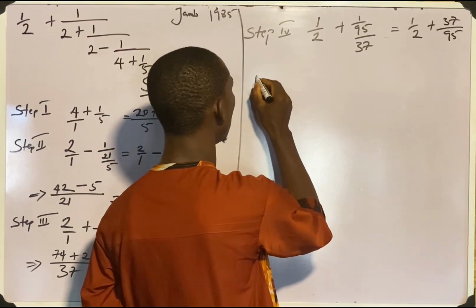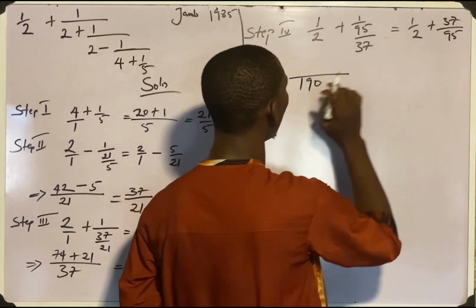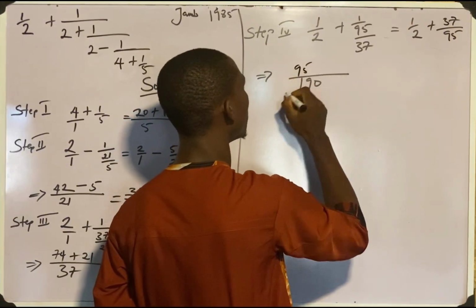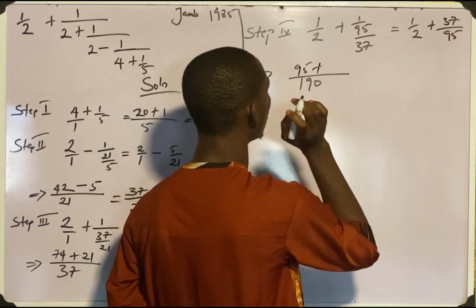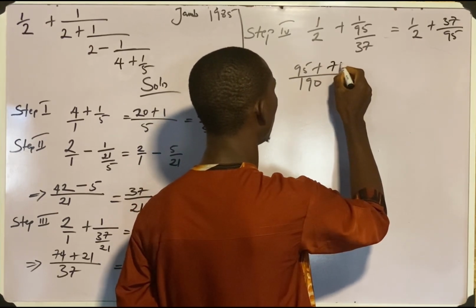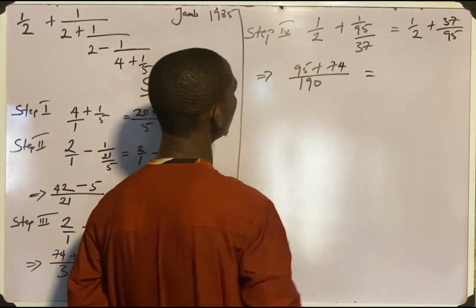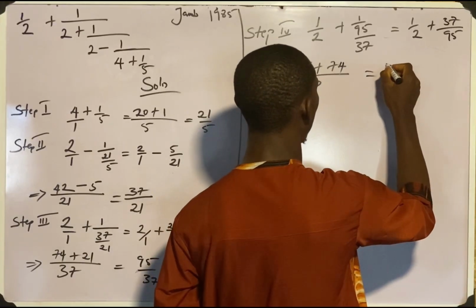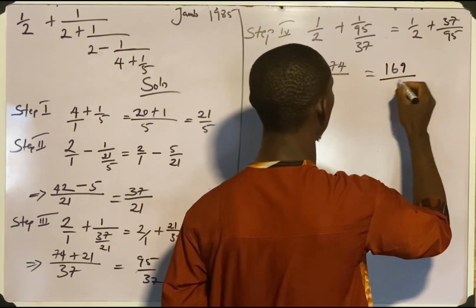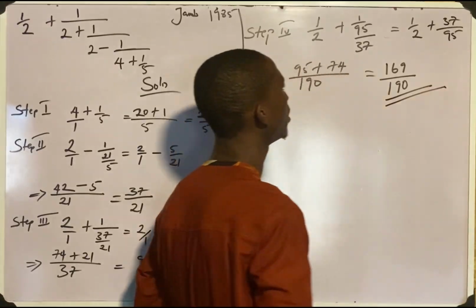So we have 190. 2 going into 190 will give us 95, 95 times 1 will give us 95. Plus 95 going into this will give us 2, and 2 times 37 will give us 74. Am I correct? Okay. So that is equal to 95 plus 74, which will give us 169 over 190. And this here is our final answer.